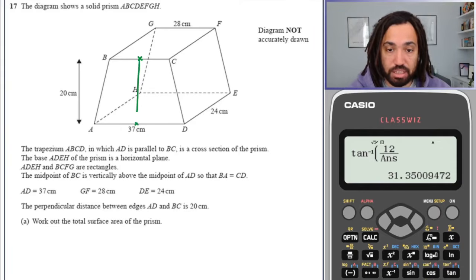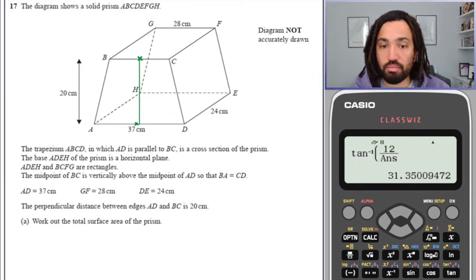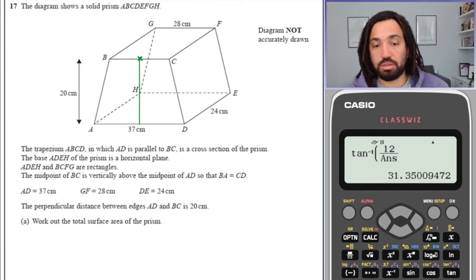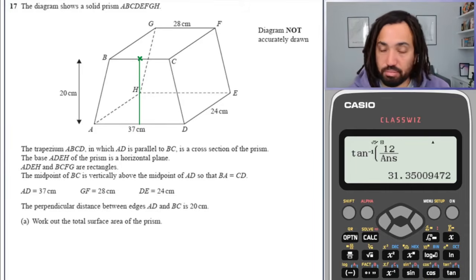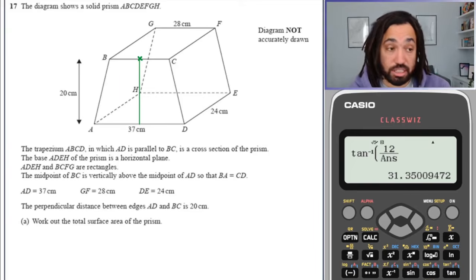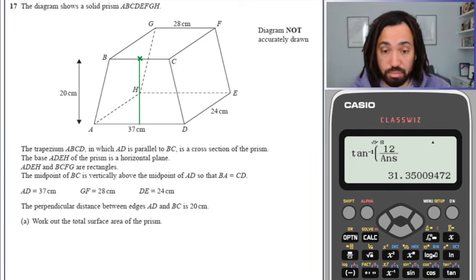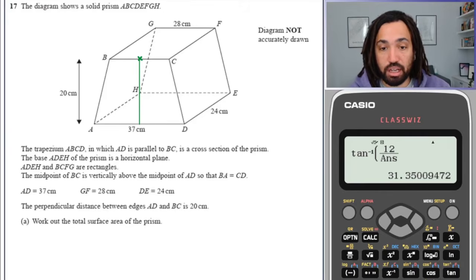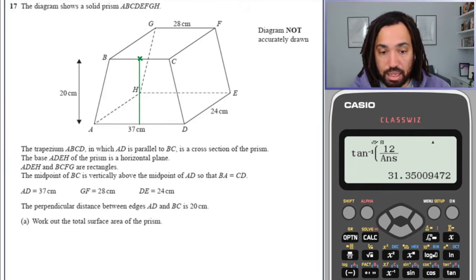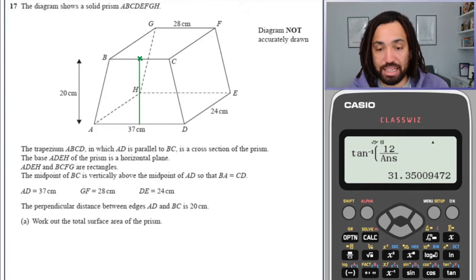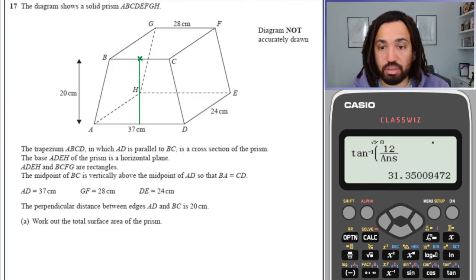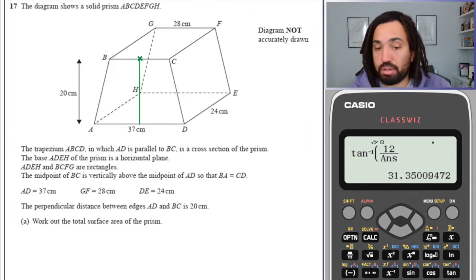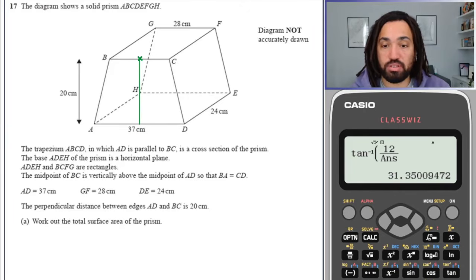So that means that this is an isosceles trapezium, because it has a line of symmetry, essentially, because the midpoints are above each other. And the perpendicular distance between AD and BC is 20. Okay, perfect. Work out the total surface area of the prism.